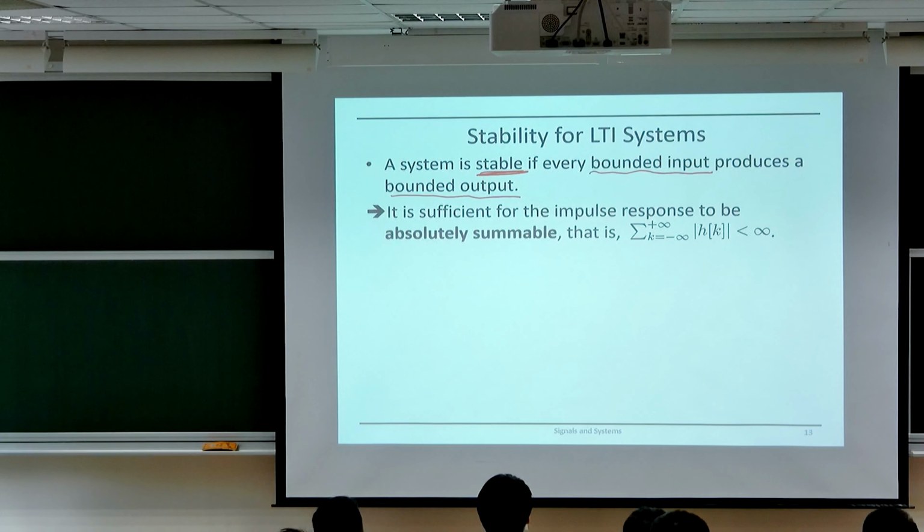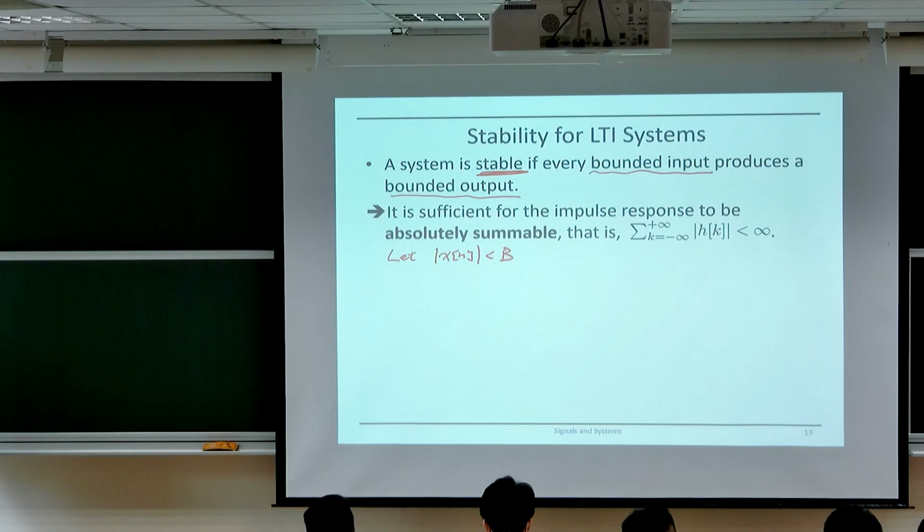Now we can show this. Suppose we start out with a bounded input signal. So let us consider an input signal x[n] that is bounded by some value B for all n.